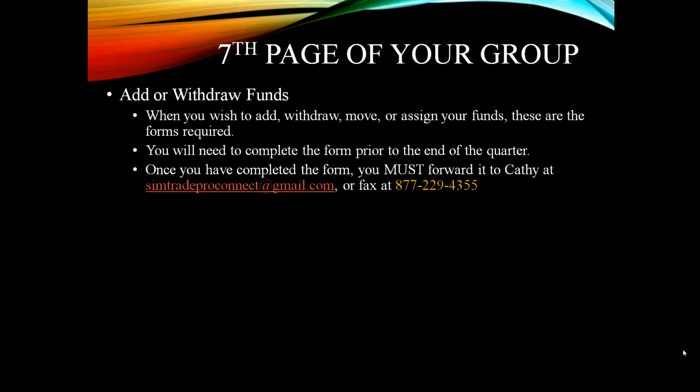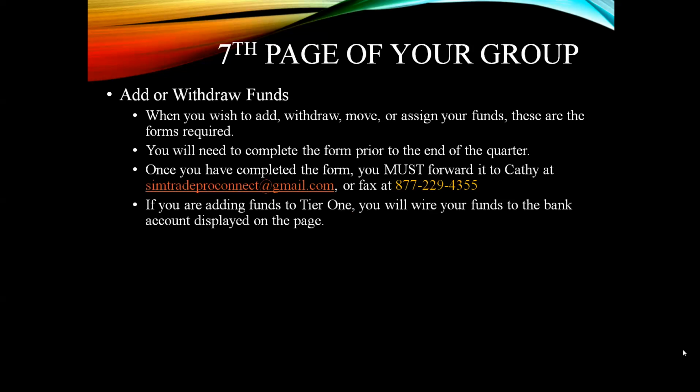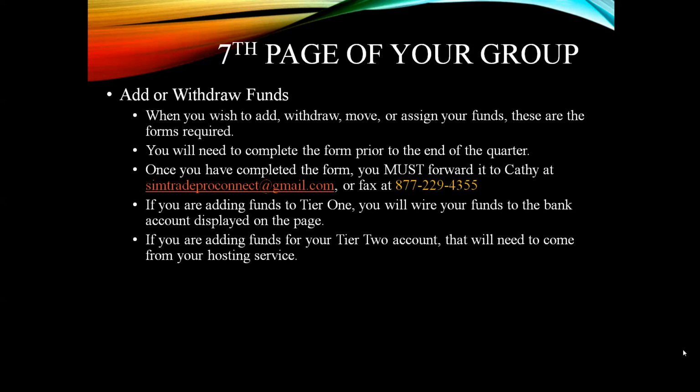Once you've completed the form, you must forward it to Kathy at this particular email, which is simtradeproconnect@gmail.com, or fax it to 877-229-4355. If you're adding funds to Tier 1, you will wire your funds to the bank account displayed on the page. If you're adding funds to Tier 2, then you'll need to come from your hosting service.